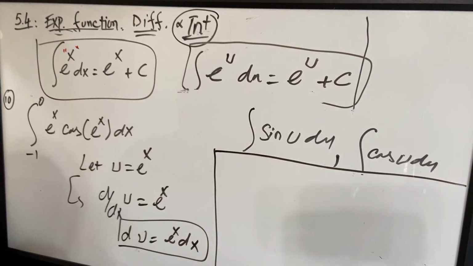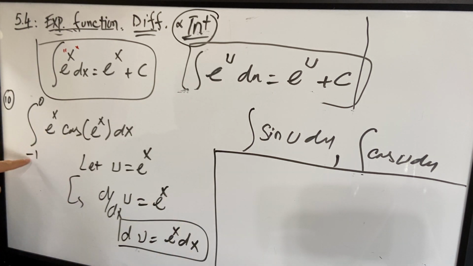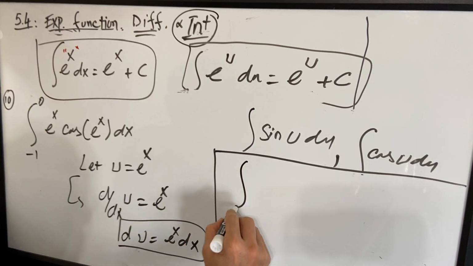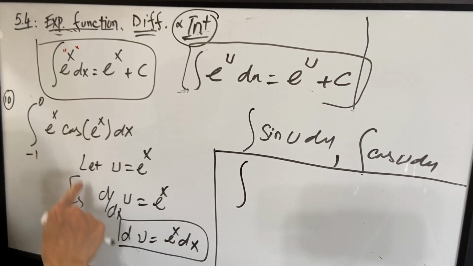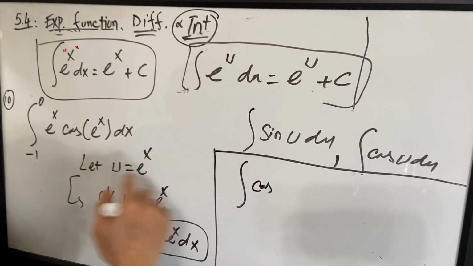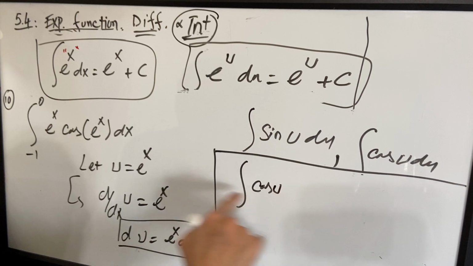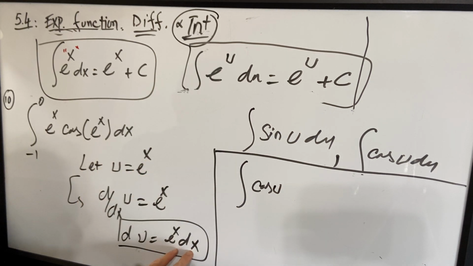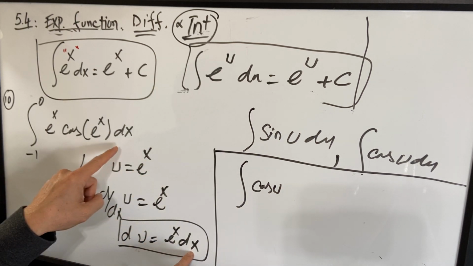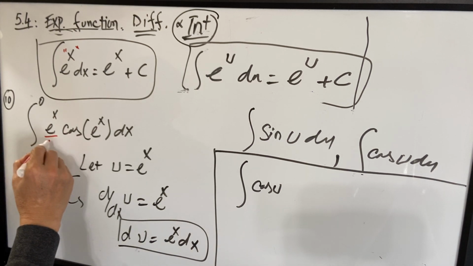Look at this. You now have cosine of e to the x. We will do the upper bound and the lower bound in a second, but look at this right here: cosine of e to the x. What is it? Yep, that's what we want to do intentionally. Cosine of u. Your dx right now, look, see this right here?